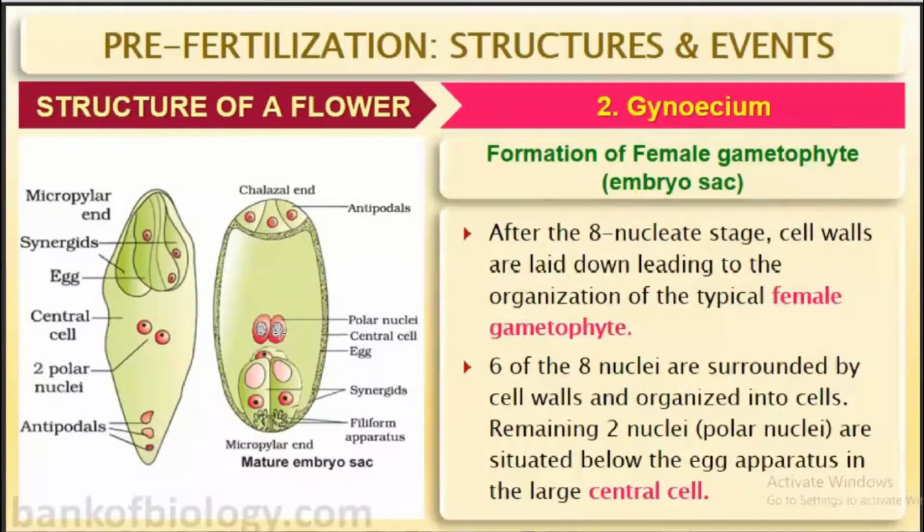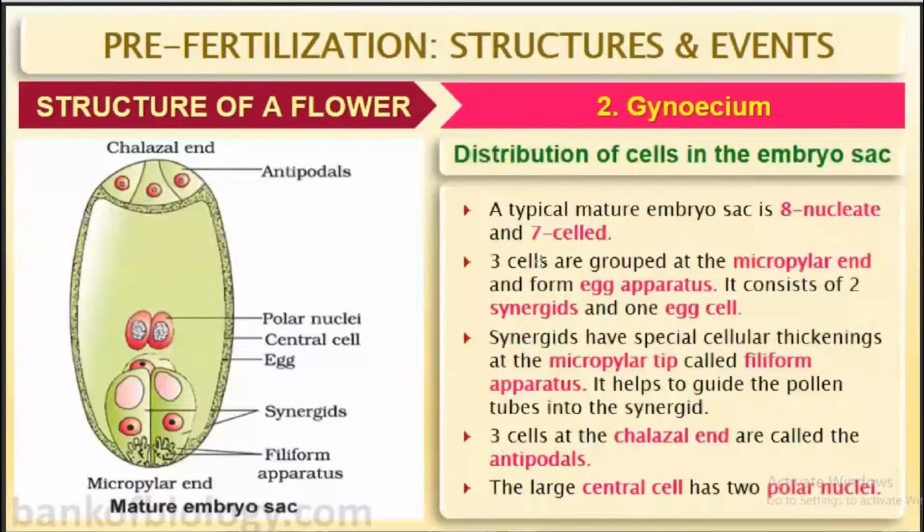8 nucleate stage. How many cells are there? Only 7 cells are there. Why? 1, 2, 3, 4, 5, 6, 7. These 2 nuclei together form one cell. So there are only 7 cells. 7 celled stage and 8 nucleate stage.